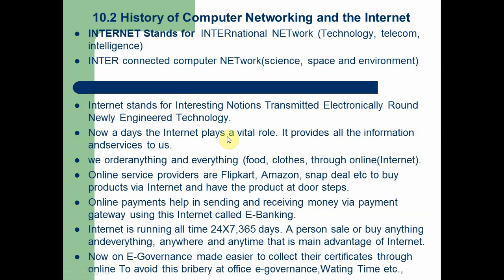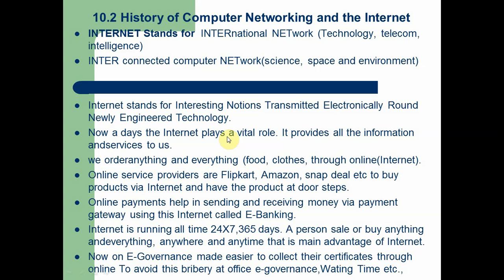Nowadays, the internet plays a very vital role. It provides all the information and services to us. For example, we are now in an online era where we use Flipkart, Amazon, and Snapdeal services through a computer online, and we get all the necessary basic things like food, clothes, etc. And we pay them using the online payment system, where many banks are involved to send and receive money via the gateway of e-banking.